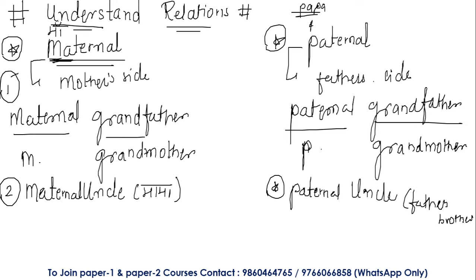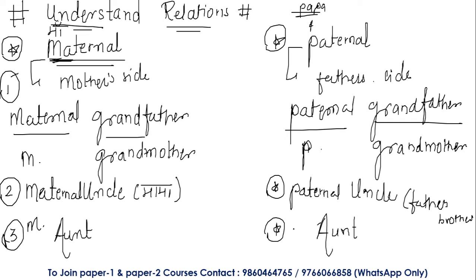Same thing goes with aunt. Paternal aunt, maternal aunt. Maternal aunt, I'll just write here M aunt and P aunt. Whenever we talk about the maternal aunt or M aunt, we are talking about masi.